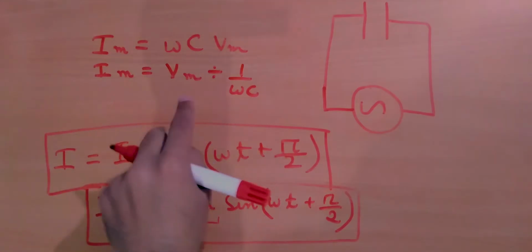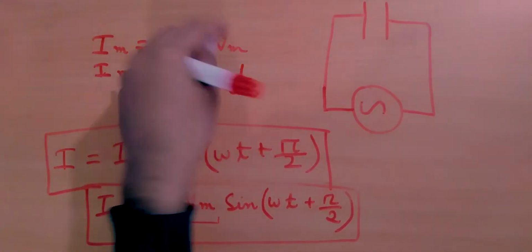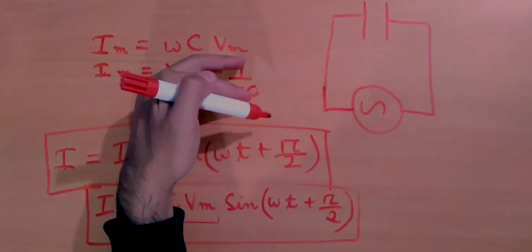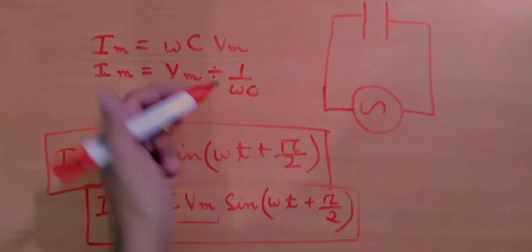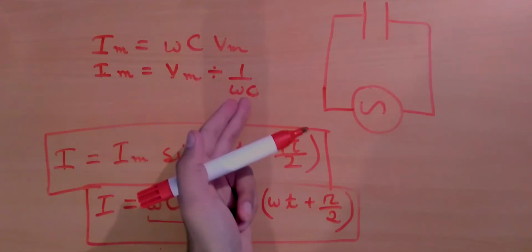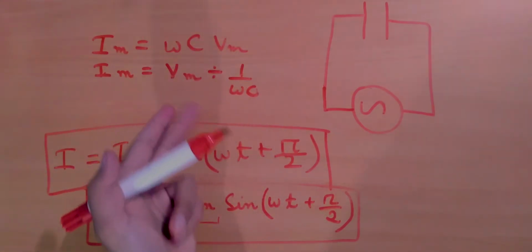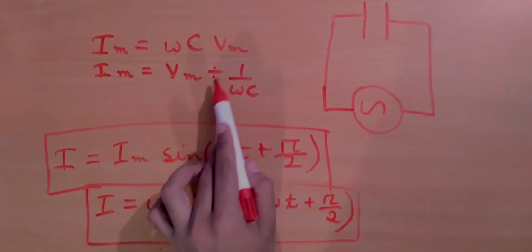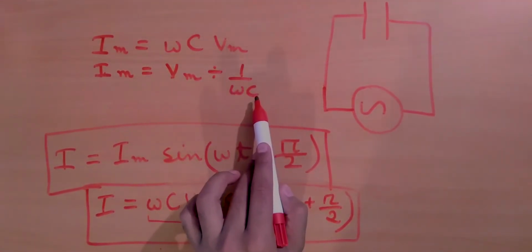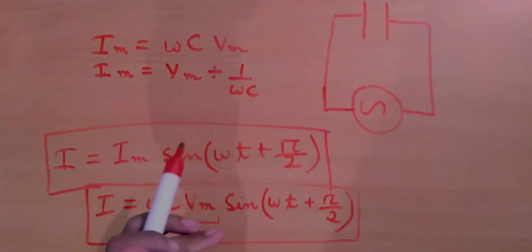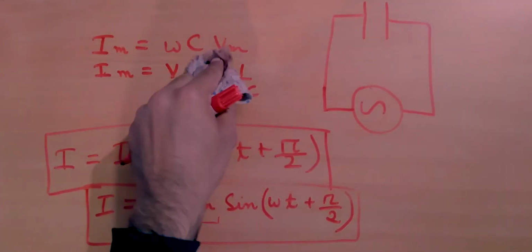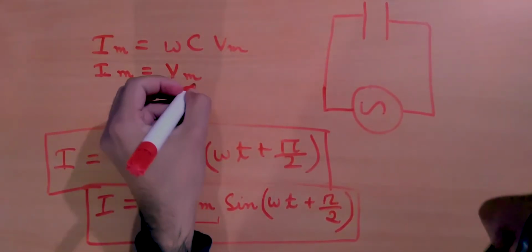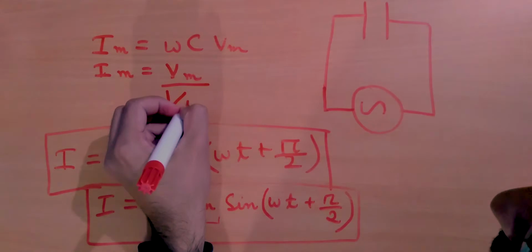I hope you realize that this equation and that equation are the same, because when I divide Vm by this whole thing, I have to take the reciprocal and multiply it, and I would get nothing but Vm times omega C, and that's it. So why am I writing it this way? Well, I'll show you in a moment. So Vm divided by 1 by omega C.